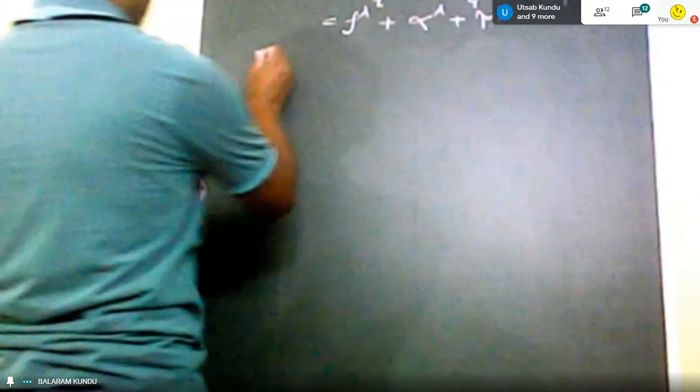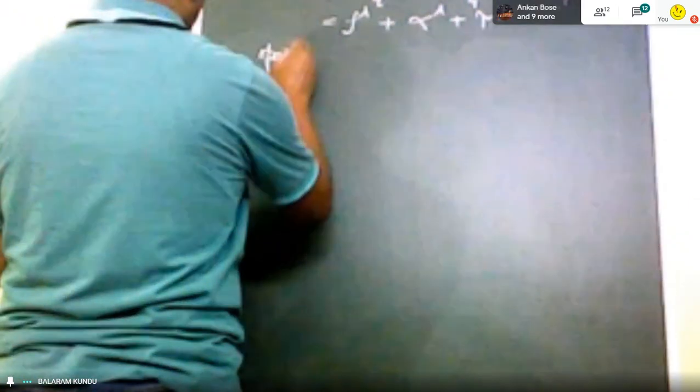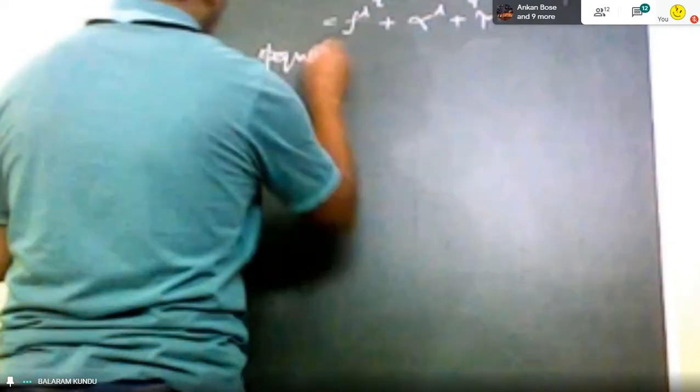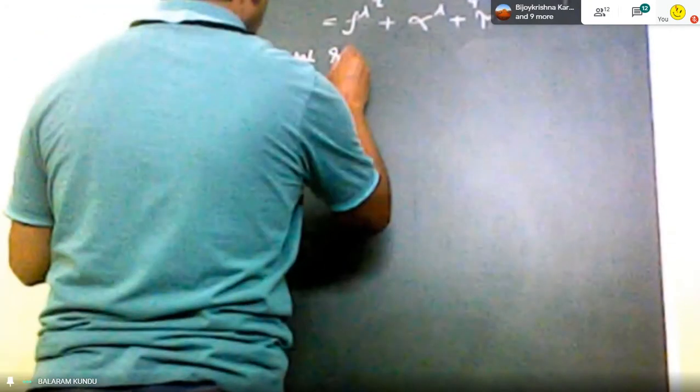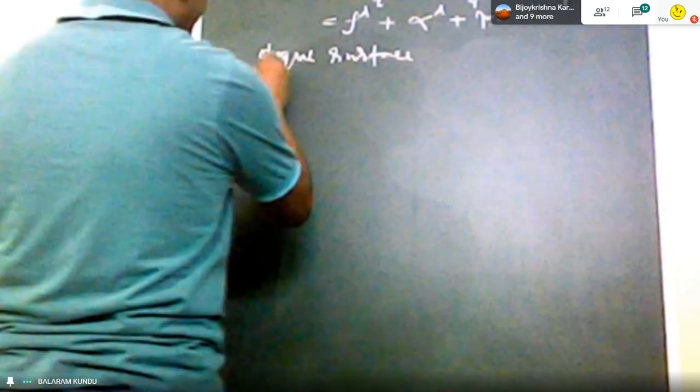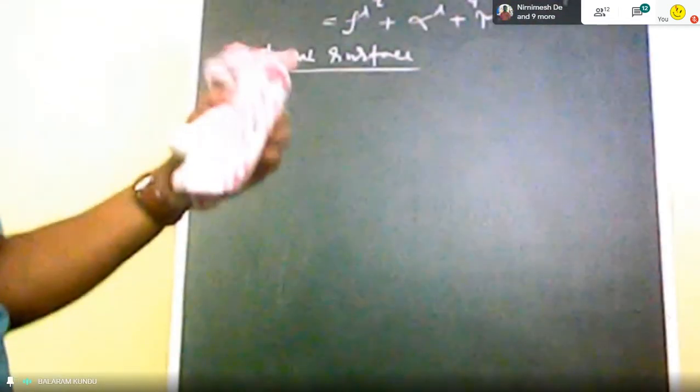Now if the surface is opaque, the transmissivity should be 0 for an opaque surface, tau should be 0.